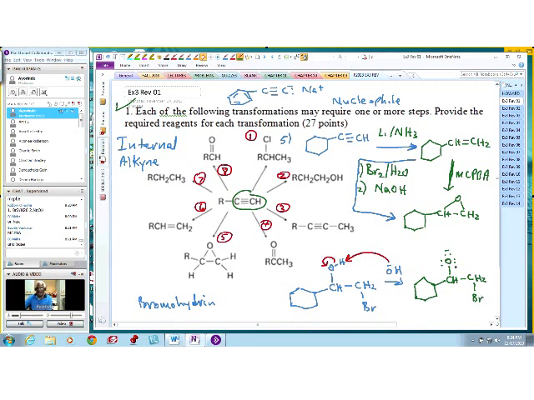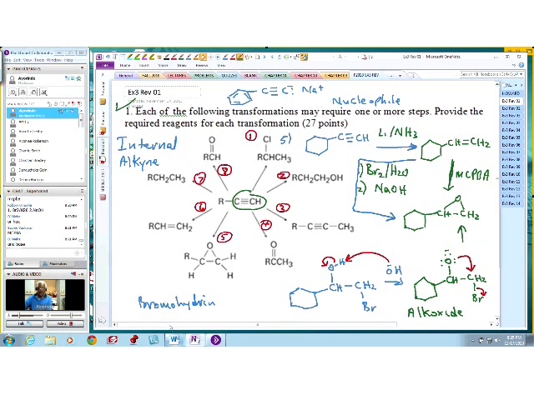Now, this intermediate, which is an alkoxide ion because you have negatively charged oxygen, will attack this carbon here. So this is an SN2 reaction, and that is how you get this.